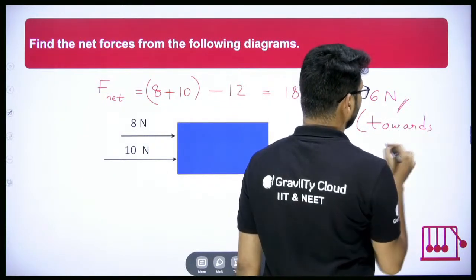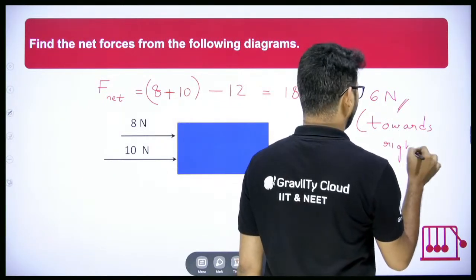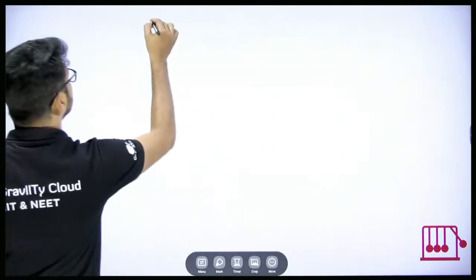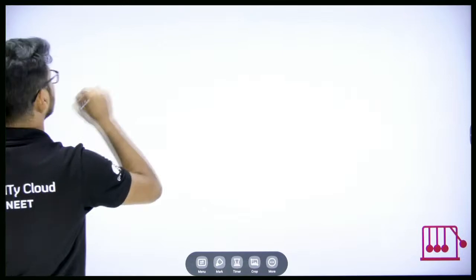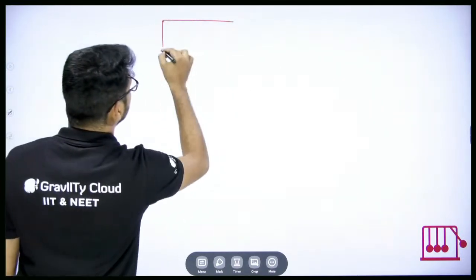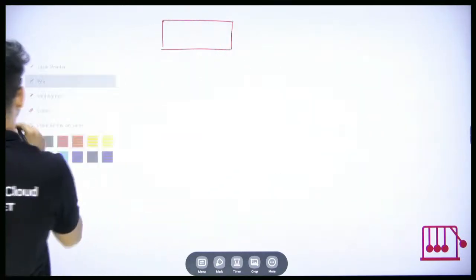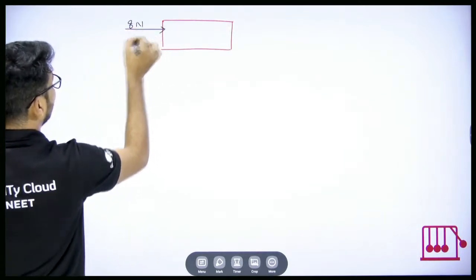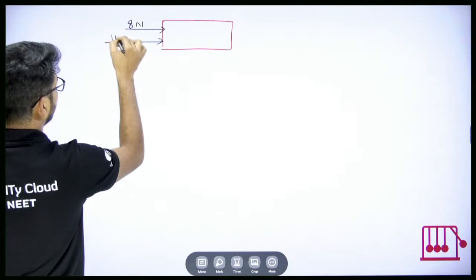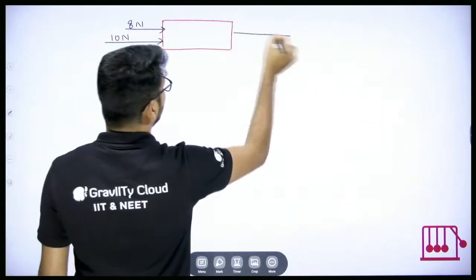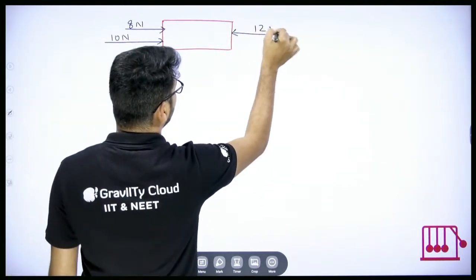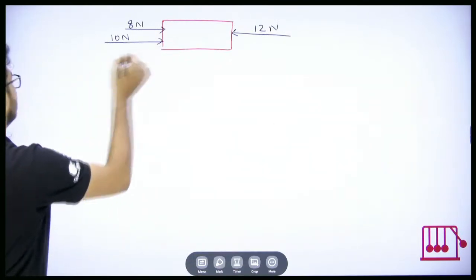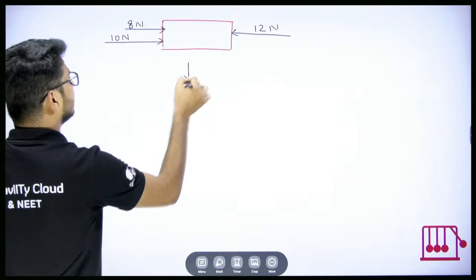Now, there is another way of doing it. Same way, but in detailed steps. I'll show it to you. If you have the box, there are the forces 8 Newton and 10 Newton. You have another force here which is 12 Newton. Now, this I can reduce.